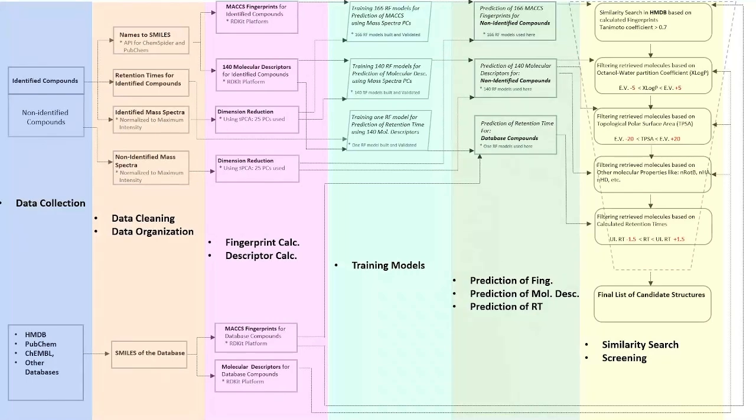The procedure includes data cleaning, organization, fingerprint calculation, and descriptor calculation, training the models, and then using those models for prediction of fingerprints, prediction of descriptors, and other properties like retention time. Finally, searching in the database, HMDB, and sorting the molecules based on Tanimoto or other similarity coefficients.